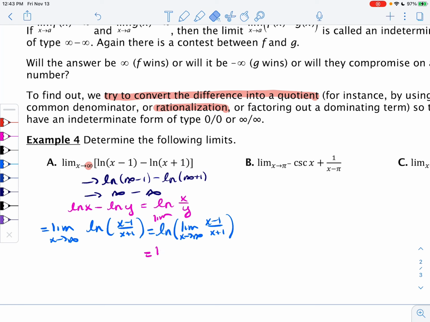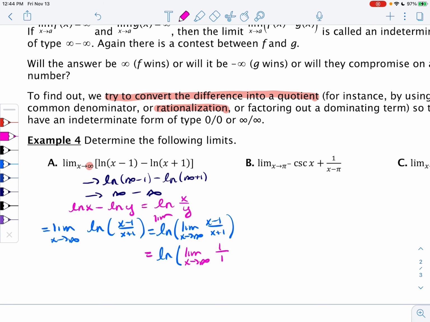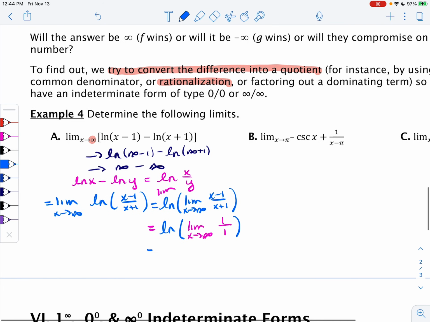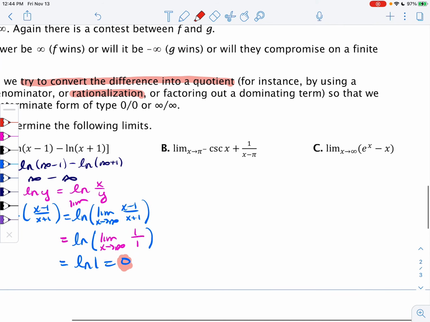I want to keep the ln on the outside: ln of the limit as x goes to infinity of the derivative of x minus 1, which is 1, over the derivative of x plus 1, which is 1. This is going to ln of 1, which is 0, and that is what our limit is.